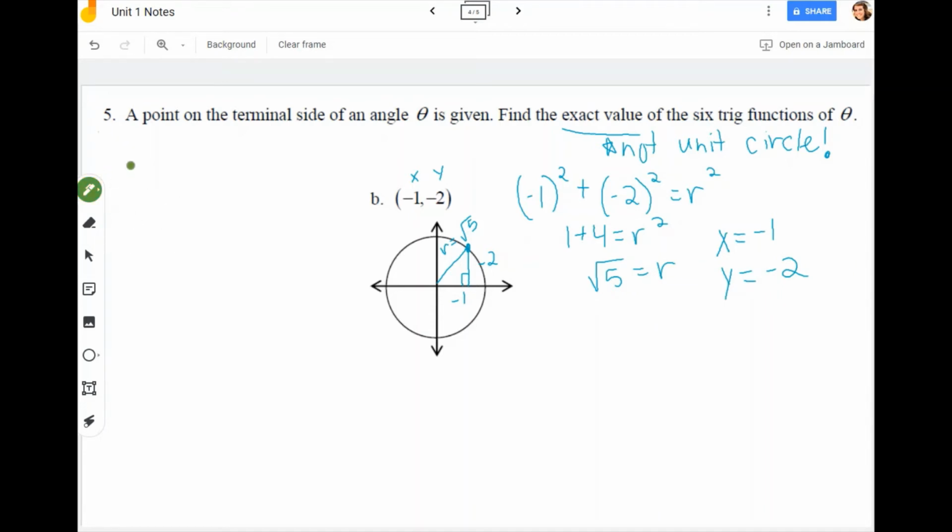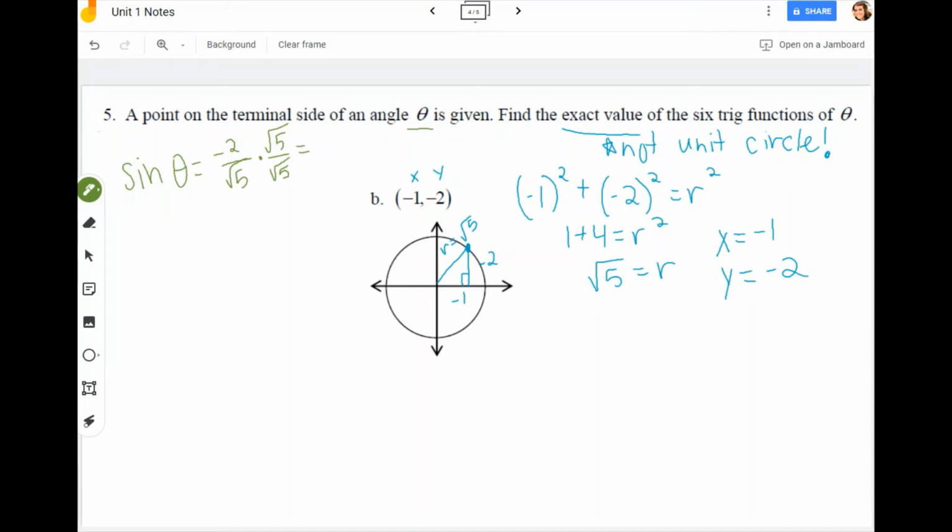So we'll go ahead and start with sine of theta, since theta is our angle here. So sine is our y over r, remember our opposite over the hypotenuse, so -2 over the square root of 5. There's going to be a lot of rationalizing the denominator here.